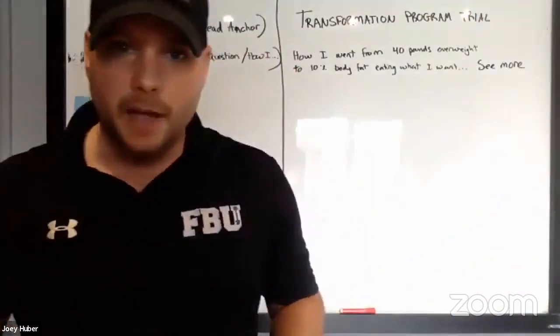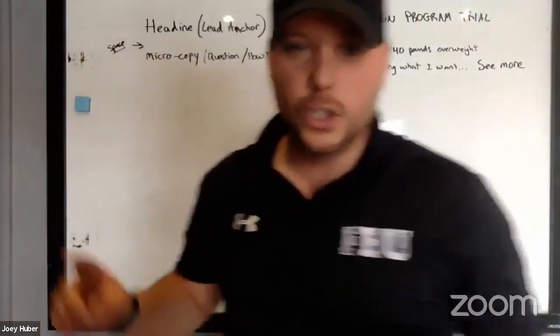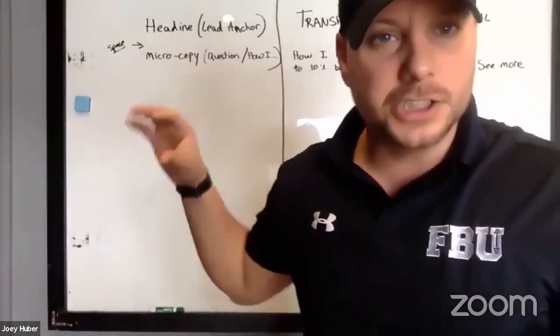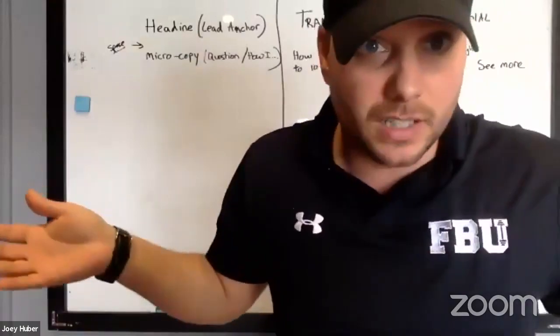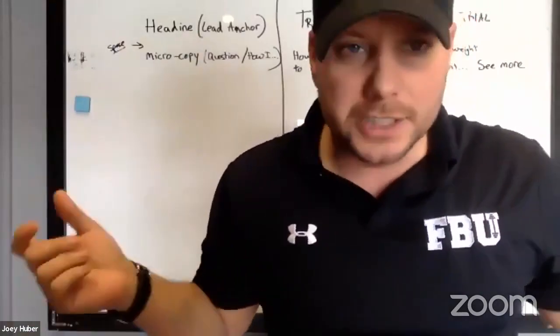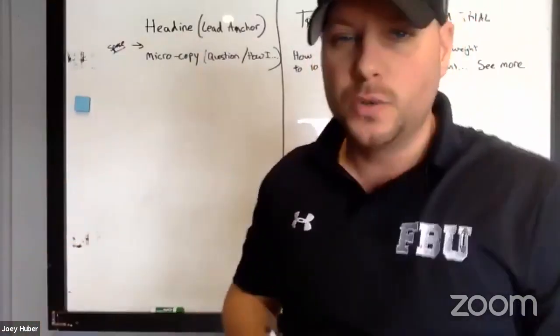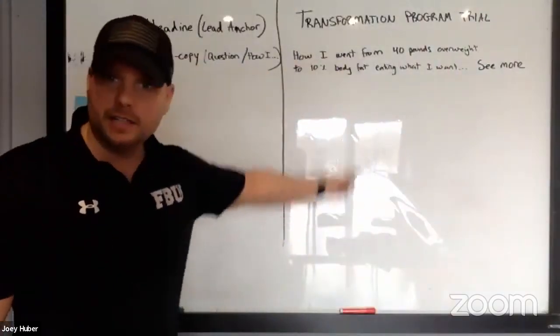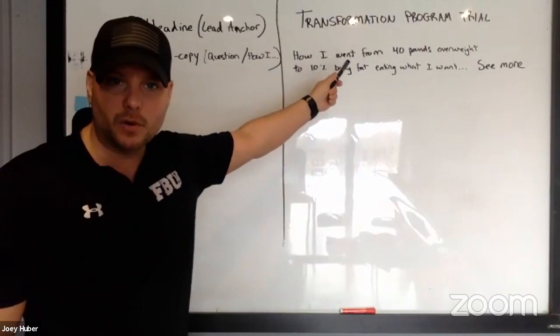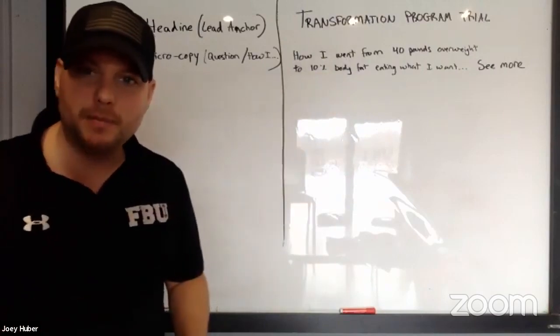So play with it, right? And that's the cool thing about micro copy: you can duplicate your ad and then just change out the micro copy and see which one gets more clicks, right? Which copy piques more interest. You can write this micro copy different, leave everything else the same, but just change that micro copy and see how many people click.